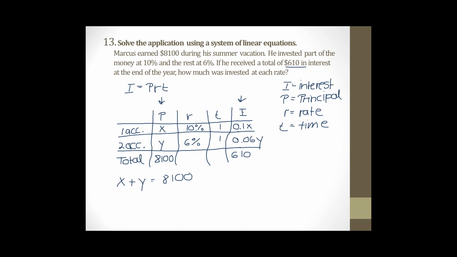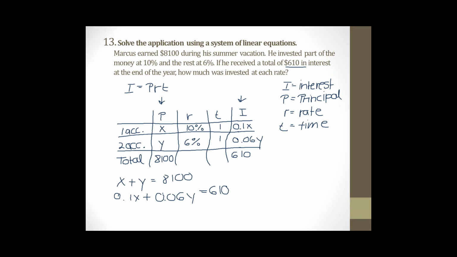And then my second equation, to get my total interest, I take the first account interest, add the second account interest, and I have my total interest. So 0.1x plus 0.06y is equal to 610. Okay, so I have my two equations.